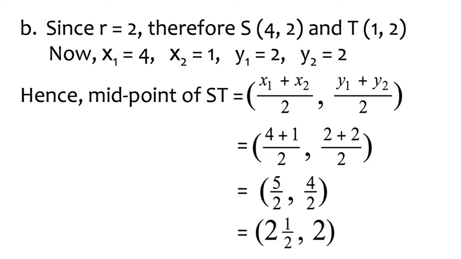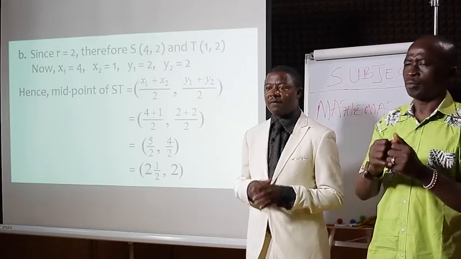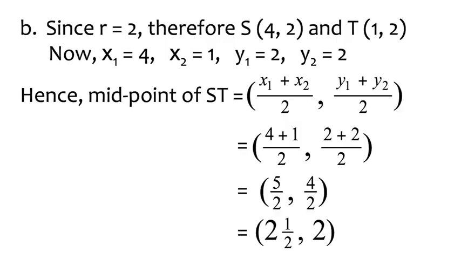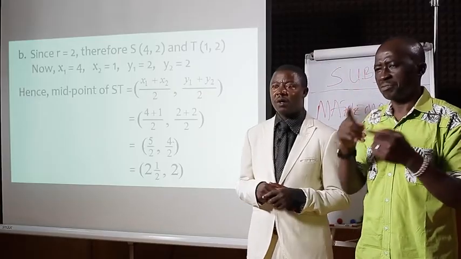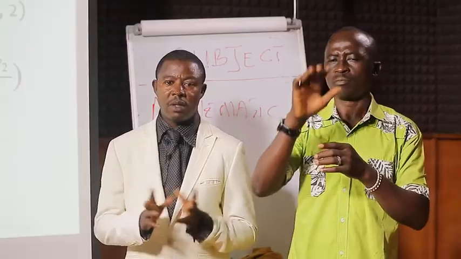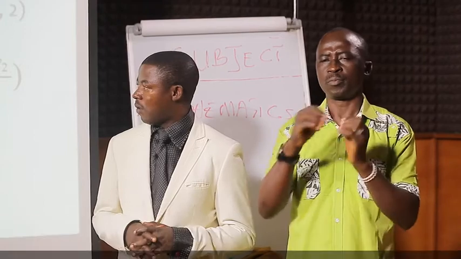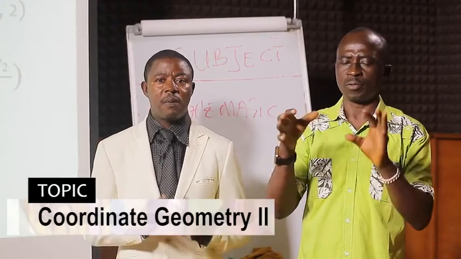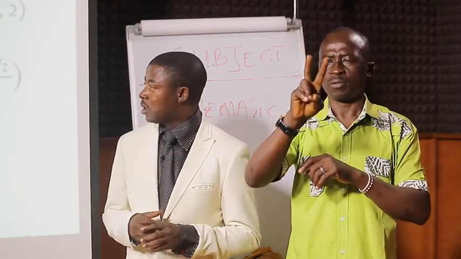Simplifying 5 divided by 2, the result is 2.5, and 4 divided by 2 is 2. If you like, you can say (2.5, 2), but preferably we leave it as a mixed number. So the coordinate of the midpoint of the line joining points X and T is (2.5, 2).